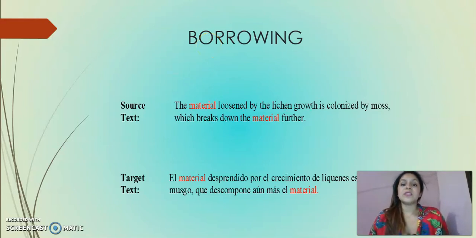For example, in the source text, I have: the material loosened by the leaking road is colonized by moss, which breaks down the material further. Material is a borrowed word. At the moment of translating to a target text, the word stays the same.